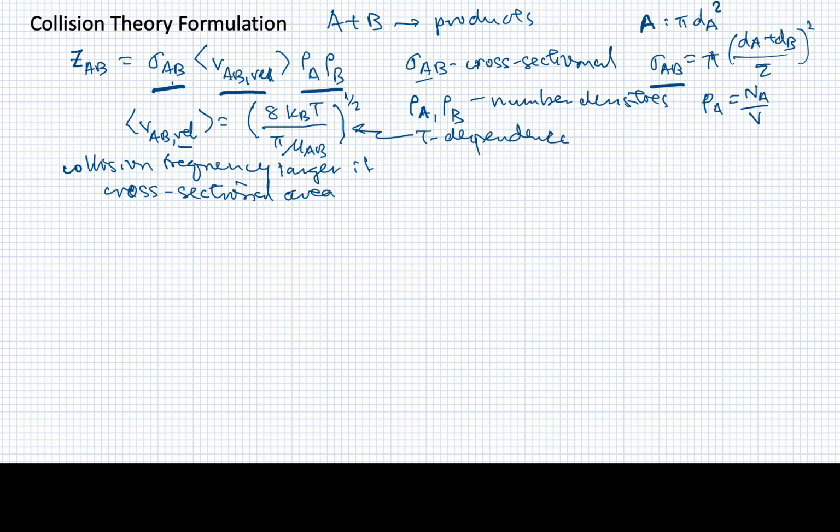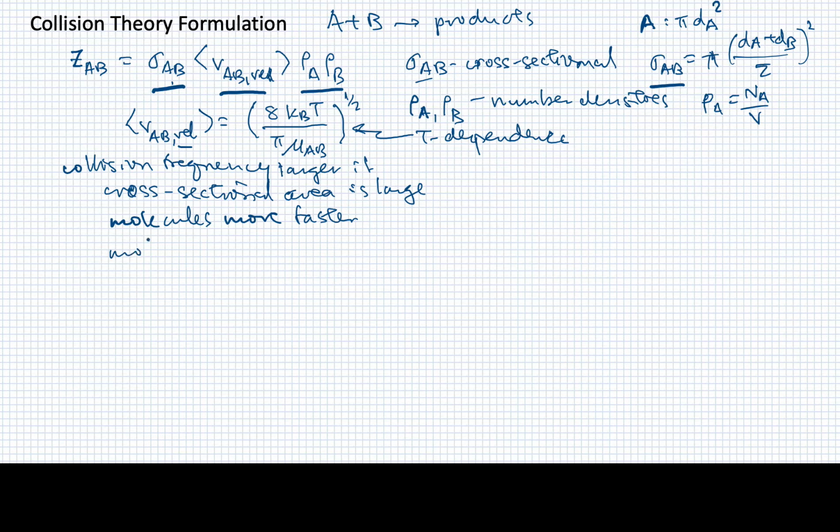Okay, well, that makes sense. Larger molecules are going to collide more frequently. So if sigma is larger, they should collide more frequently. It also is going to say that the frequency is larger if the molecules move faster, so if they have a higher average velocity. And that also makes sense. The faster things are moving, the more often they're going to run into each other.